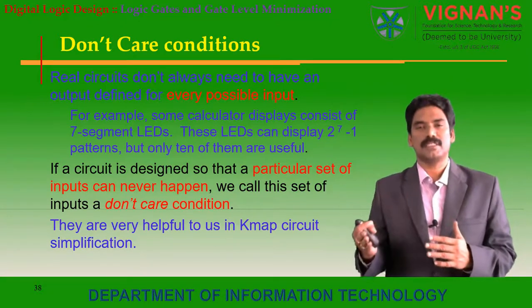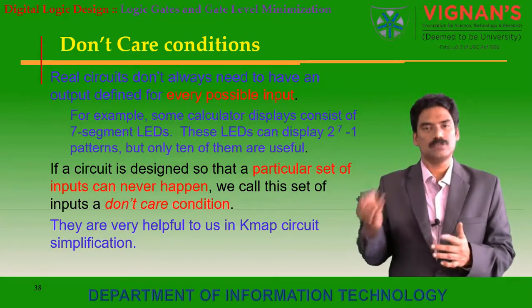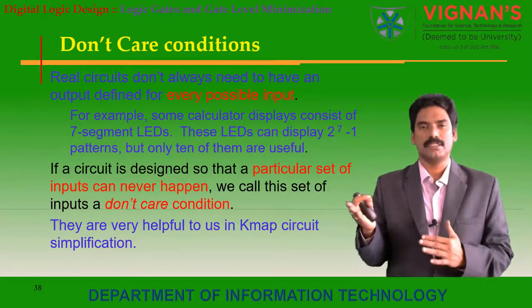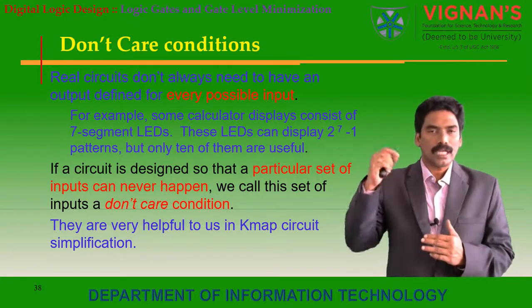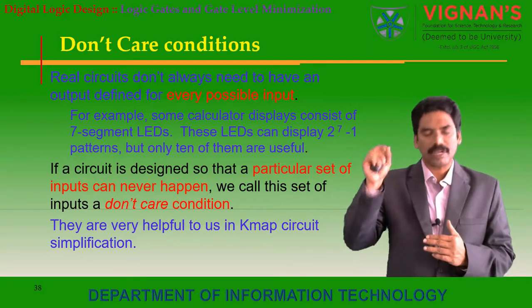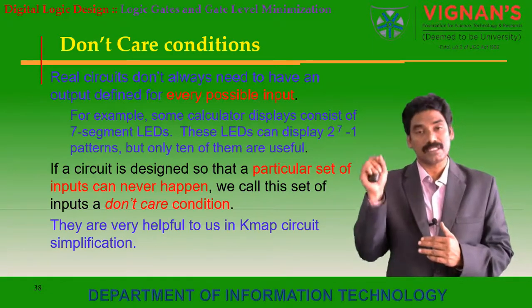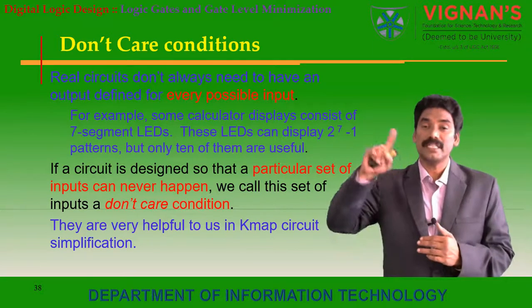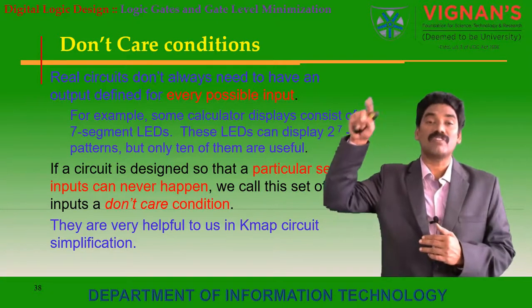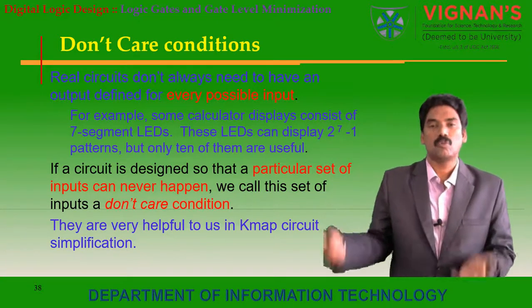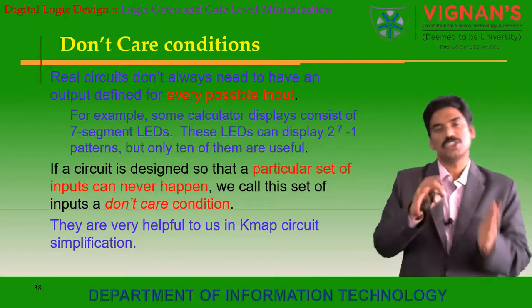Some calculator displays consist of 7 segment LEDs. We know the 7 segment LED. For displaying numbers we are using 7 segment LEDs. These LEDs can display 2 to the power of 7 minus 1 patterns, but only 10 of them we are using, 0 to 9 only.